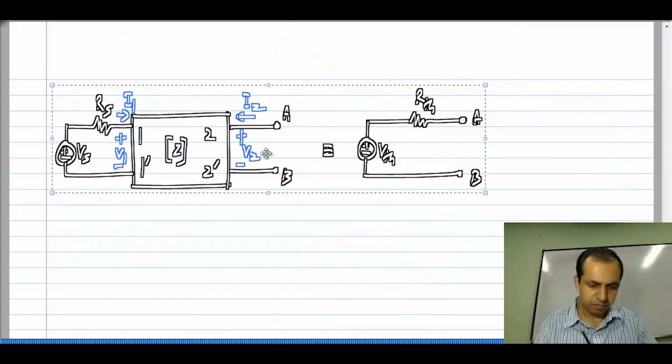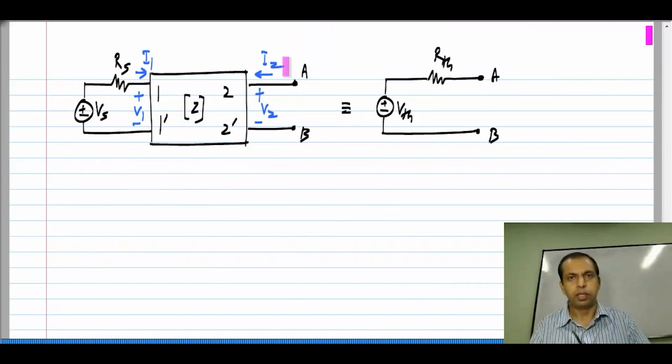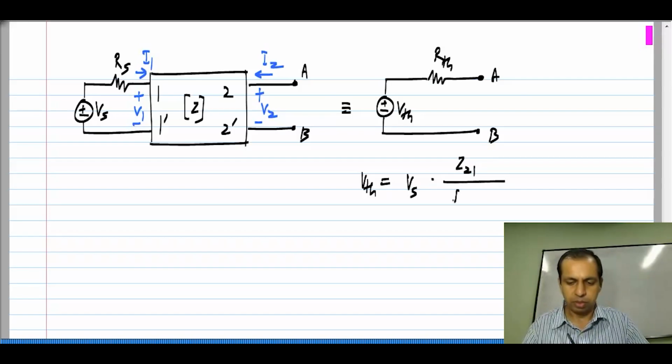So, this whole thing, and it could even be a lot more complicated than this, is equivalent to a Thevenin source in series with a Thevenin resistance, where the Thevenin voltage source is given by Vs times Z21 by Rs plus Z11.